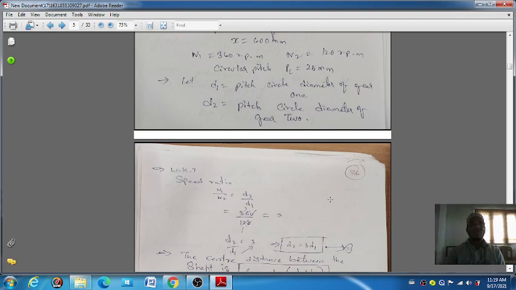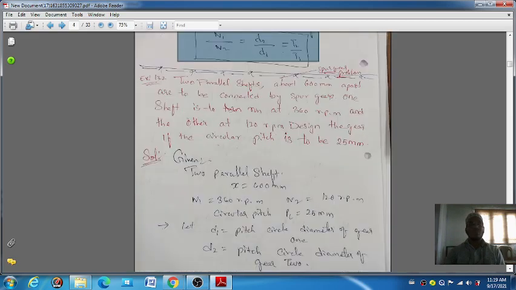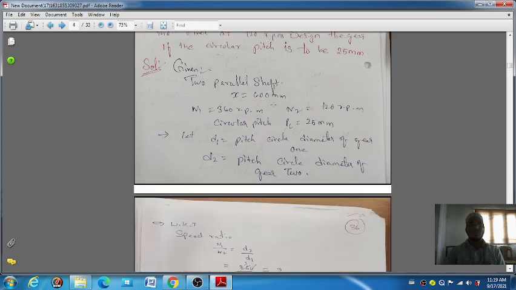Okay, next we know very well the formula of the speed ratio, just now we did that derivation. N1 by N2 is equal to D2 by D1, just now this only. Okay, so due to N1 and N2 being given, we will find the pitch circle diameter in terms of D1 or D2.